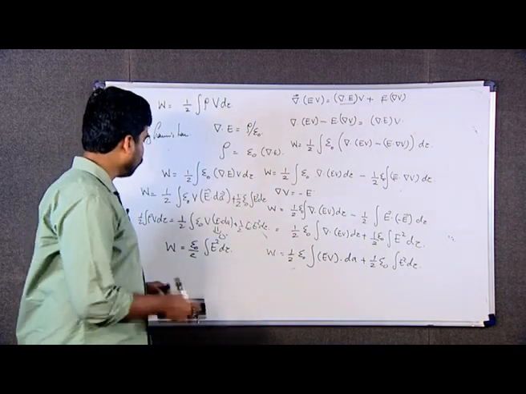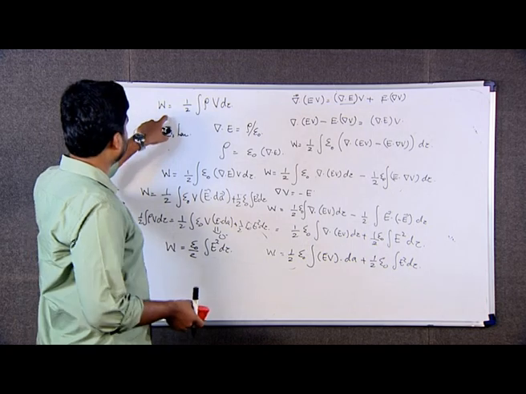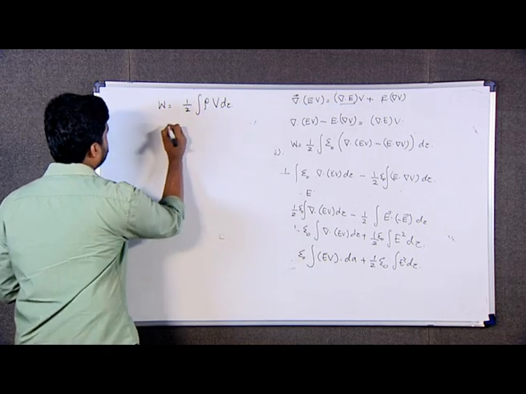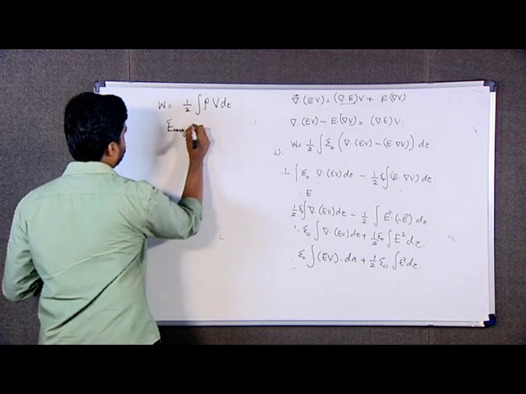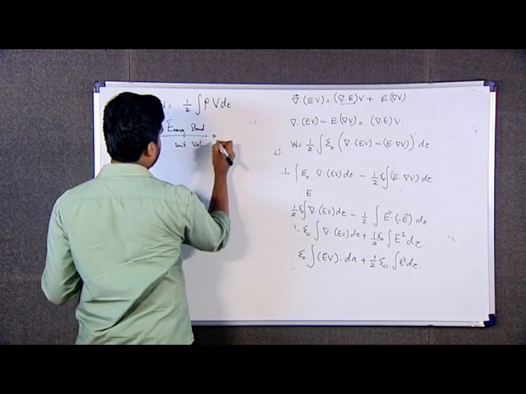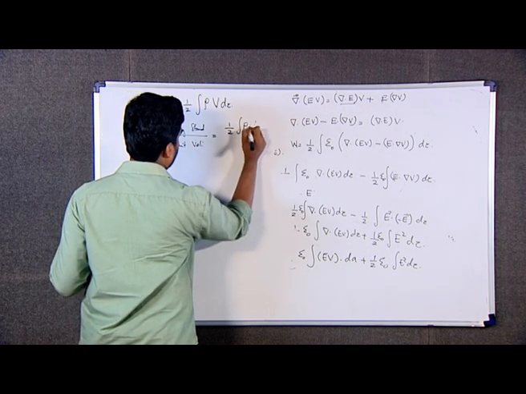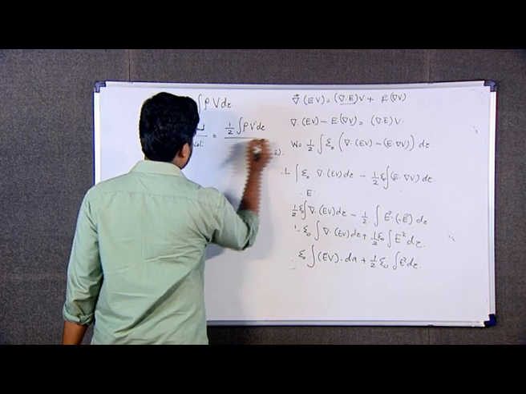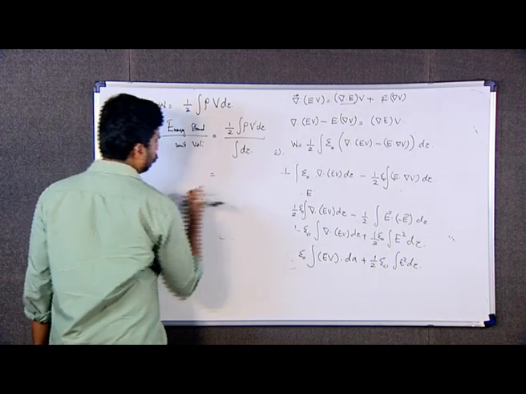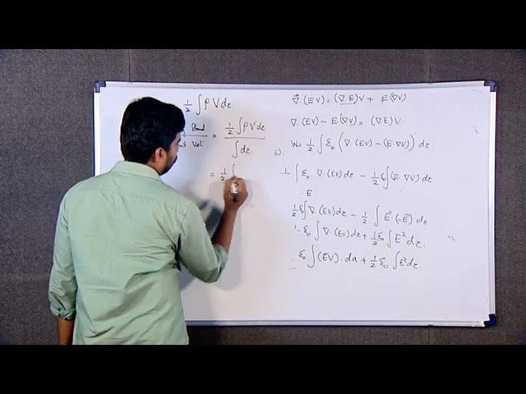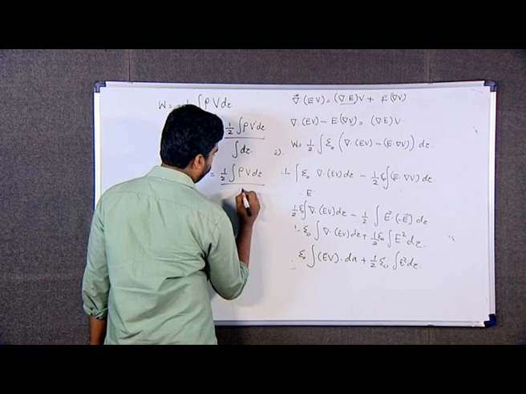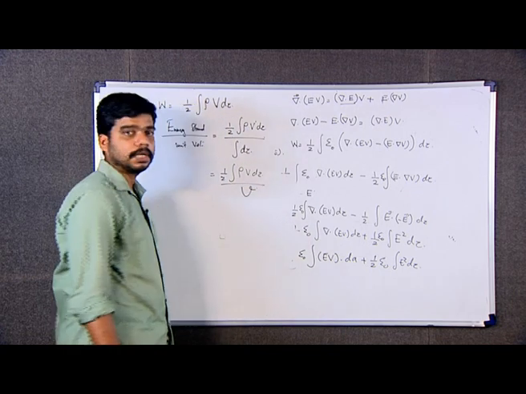So, we will check how to derive that equation. Energy density is the energy stored per unit volume. The energy stored is half integral rho V d tau, and per unit volume means dividing by the total volume, which I will name small v.